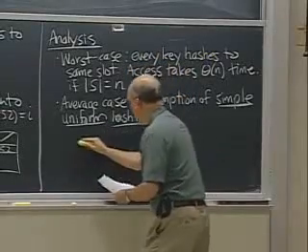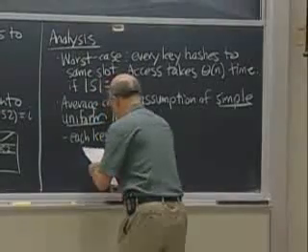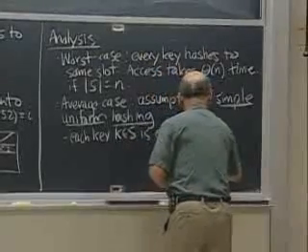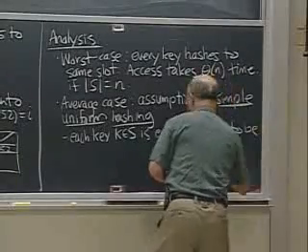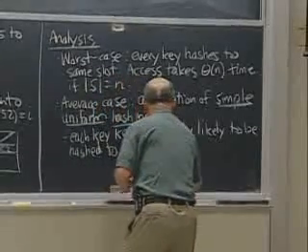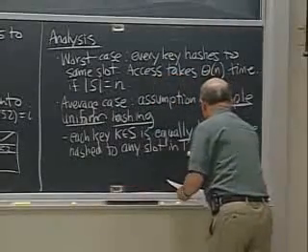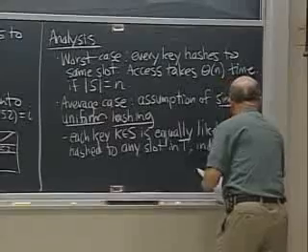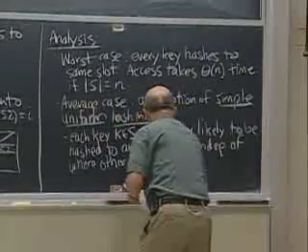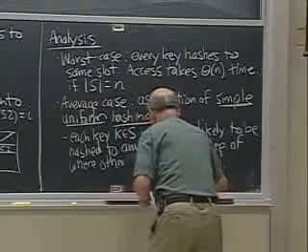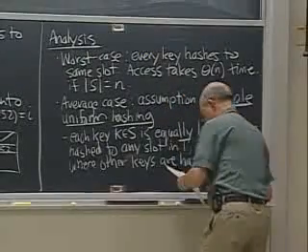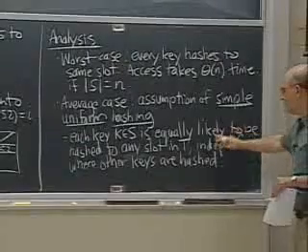And what it means is that each key k in S is equally likely to be hashed to any slot in T, and we actually have to make an independence assumption: independent of where other keys are hashed. So we're going to make this assumption.